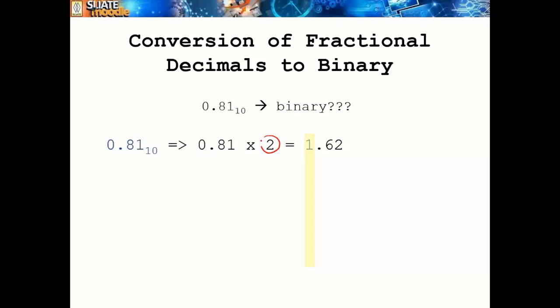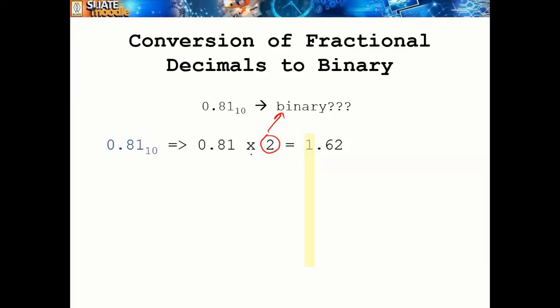So this is the base, right, for binary. If we want to convert to octal, instead of multiplying by 2, we have to multiply it by 8. If it is hexadecimal, we have to multiply it by 16. So here we are converting to binary. So you take the number and multiply by the base.